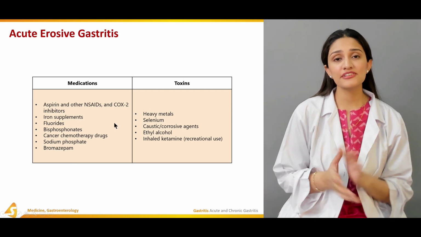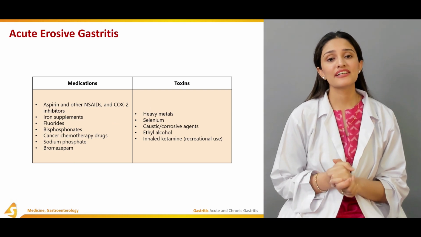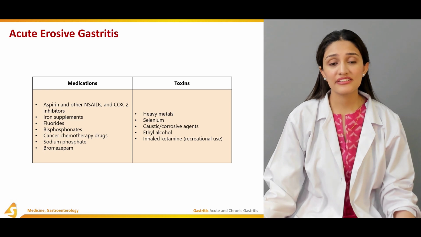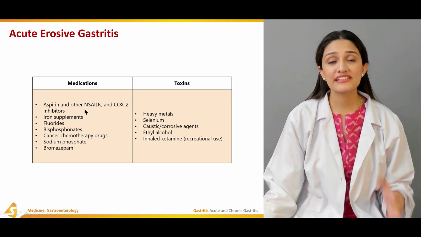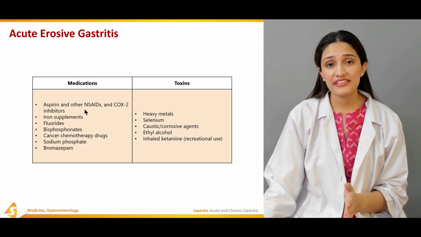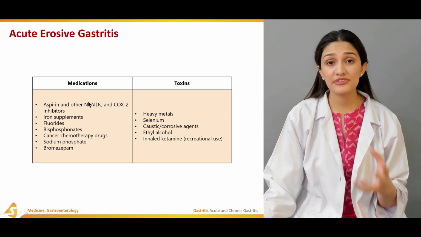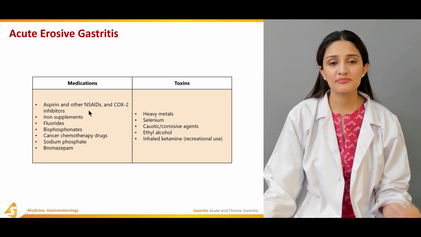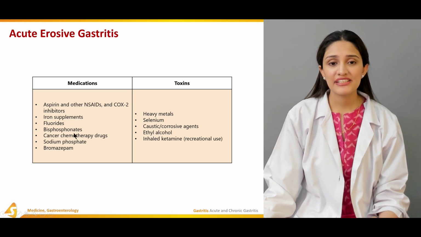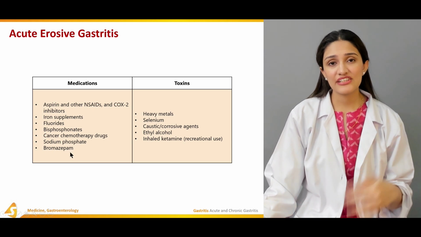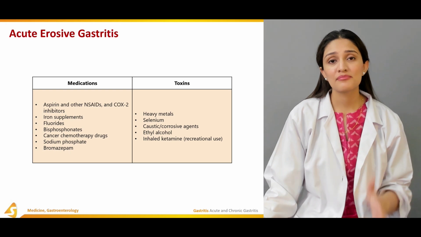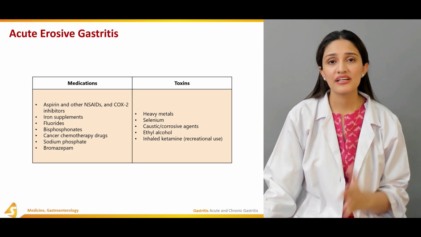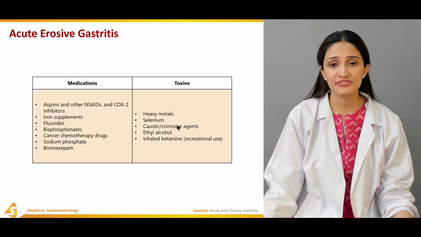So if we firstly talk about medications and toxins, the different types of medications, including aspirin and NSAIDs, are the causative factor of acute erosive gastritis without the inflammation. Iron supplements, fluorides, bisphosphonates, cancer chemotherapy drugs, sodium phosphate, and bromazepam are medications that, when a patient ingests them, the patient might develop acute erosive gastritis.